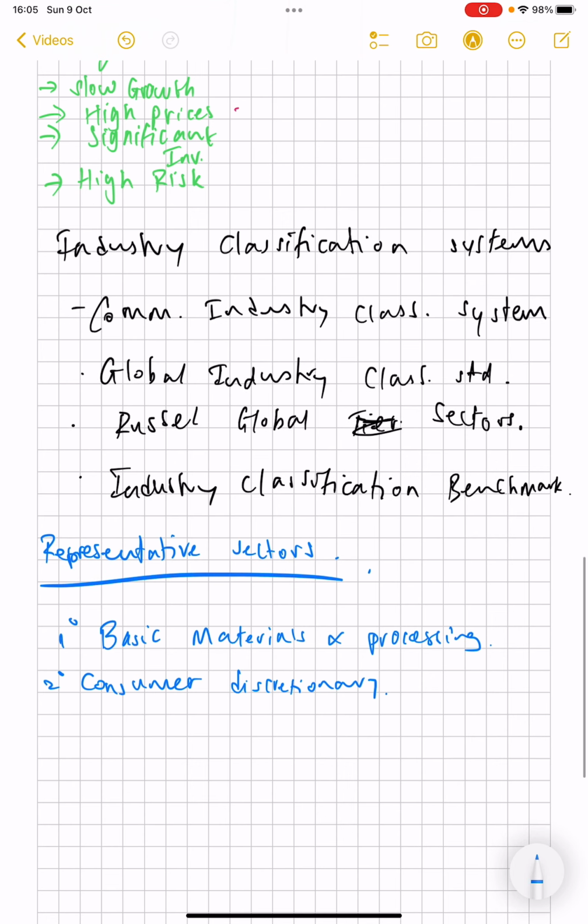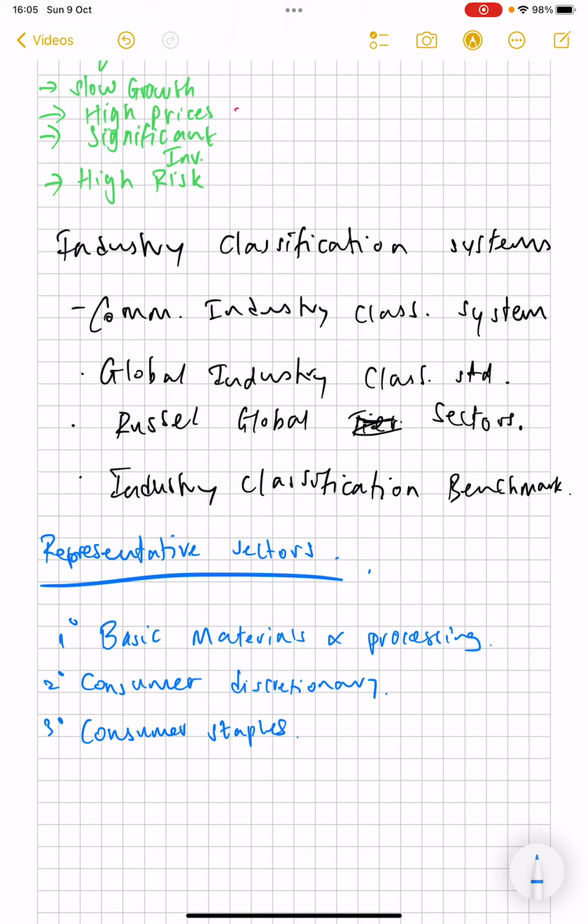And then a third category is the consumer staples. Business tends to exhibit less economic sensitivity than other companies.